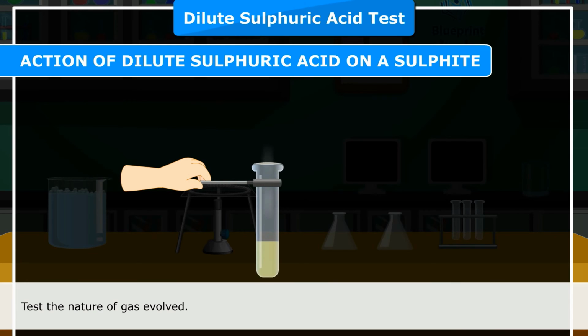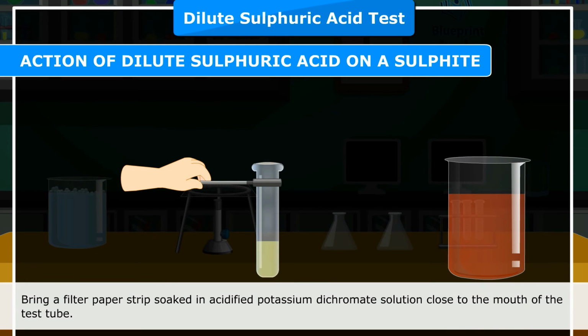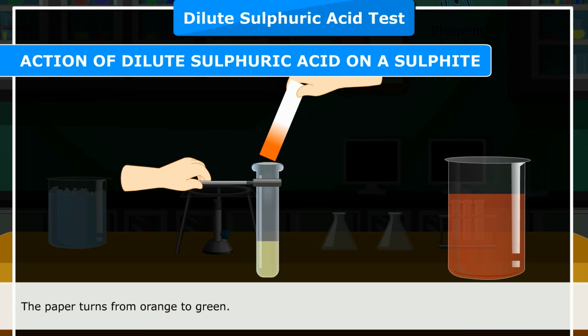Test the nature of the gas evolved. Bring a filter paper strip soaked in acidified potassium dichromate solution close to the mouth of the test tube. The paper turns from orange to green. This confirms that the gas is sulfur dioxide. Thus, the given substance is a sulfite.